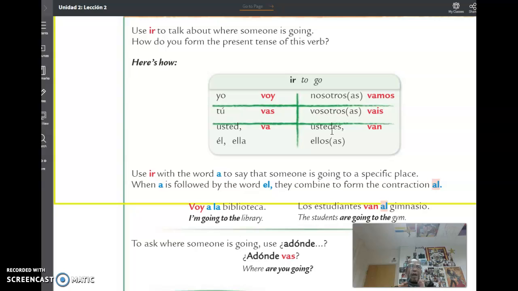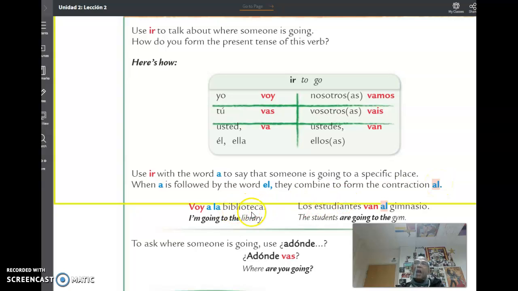Now, what I want to stress is that these verbs will always be followed by the preposition a, always, okay? So use it with the word a to say that someone is going to a specific place. When it's followed by the word el, they combine to form the contraction al. So if you have a and then el, you get rid of the e and bring it together, and you have al, which means to the.